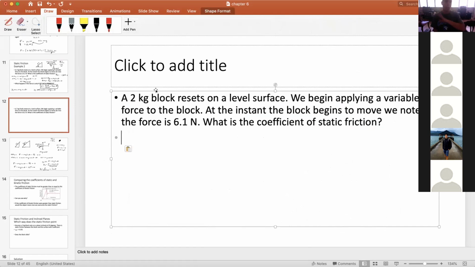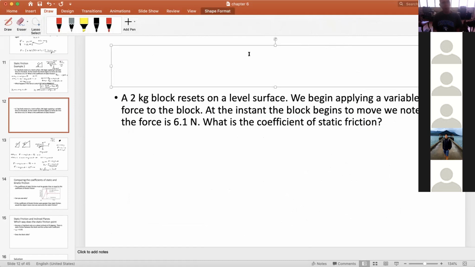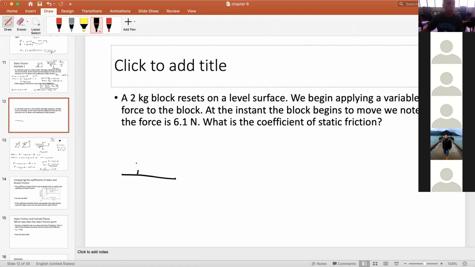Because I was a bit lost on that. I'm going to come back to it right now. I realized I was thinking I was on an incline and I'm not. So sorry, I'm going to reset this for a minute and then we'll talk about inclines. We're on a level surface. Too many problems already this morning.